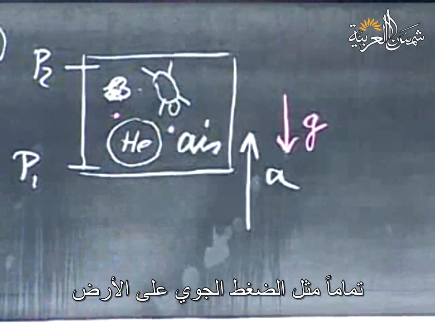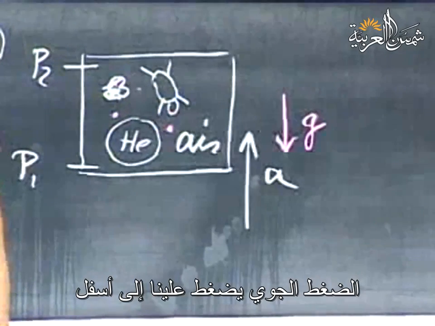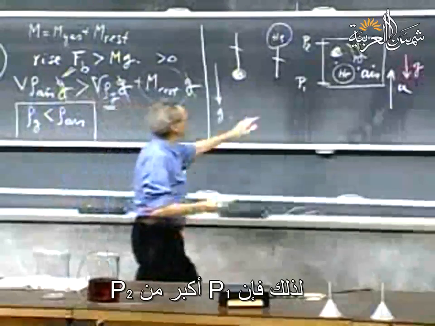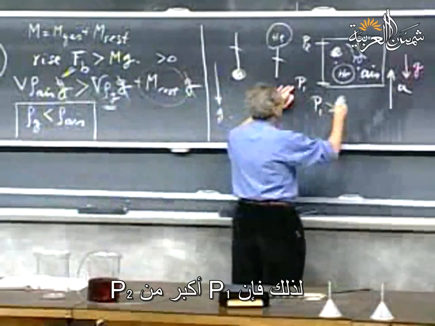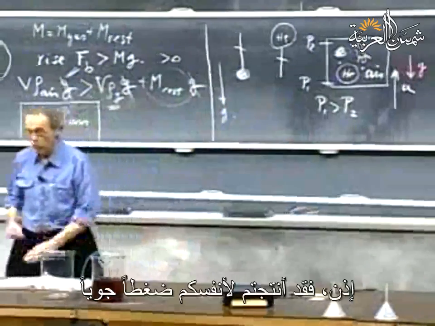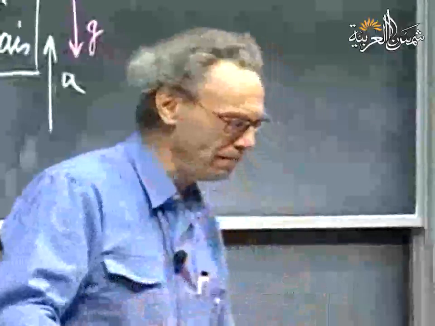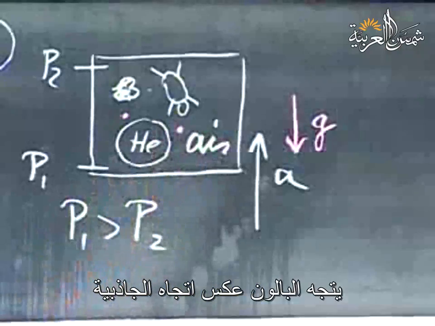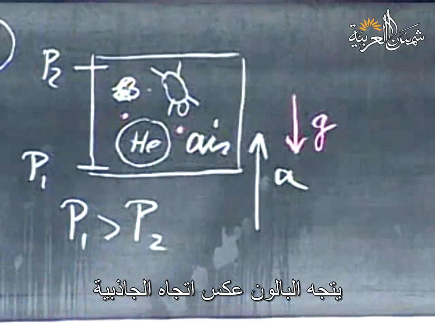Just like the atmosphere on Earth. The atmosphere is pushing down on us. The pressure is higher than there. So you get P1 is higher than P2. So you create yourself an atmosphere, and the balloon will rise. The balloon goes in the opposite direction of gravity.